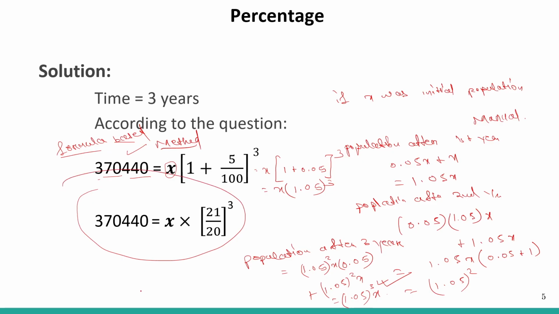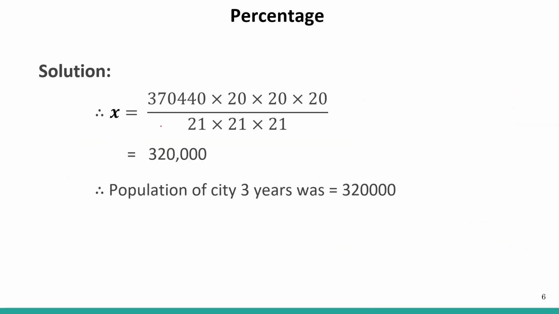So let's solve this. This into 20 into 20 into 20 by 21 into 21 into 21 is equal to 320,000. So this is the correct answer. The population of the city 3 years ago was 3,20,000.